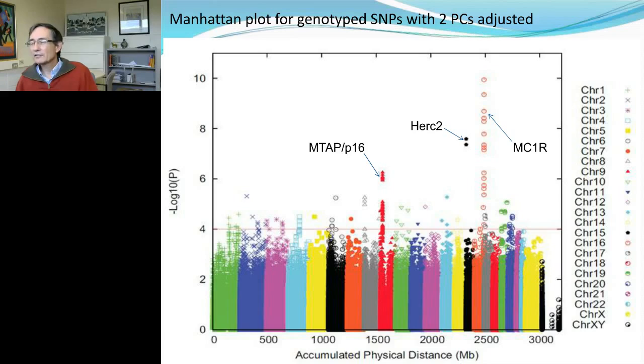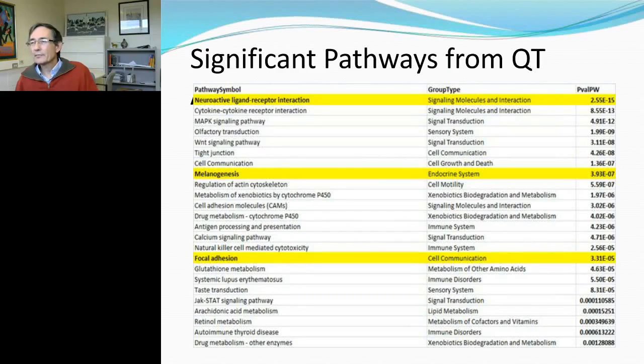We took those results and applied the LCT and the quadratic test that I described a couple of slides earlier. Many significant pathways were identified by the quadratic test.